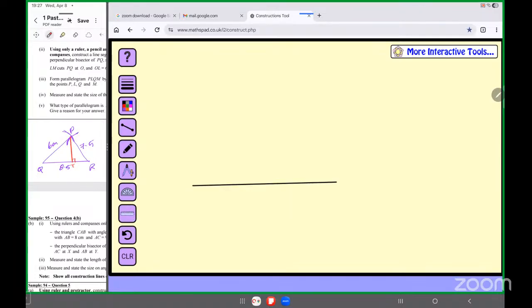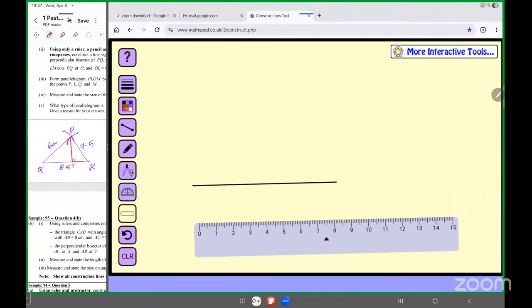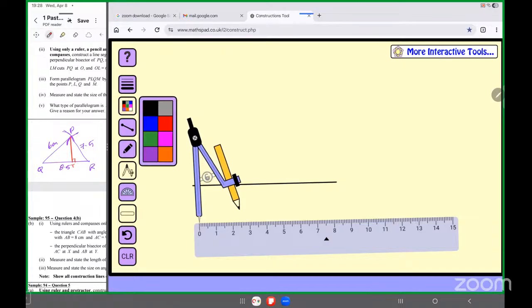Then I need a 6 centimeter line. So I'm going to need my ruler to measure that 6 centimeters with the compass. I have to show construction lines. So come to one end of the ruler with the 0, and then open it out to 6.